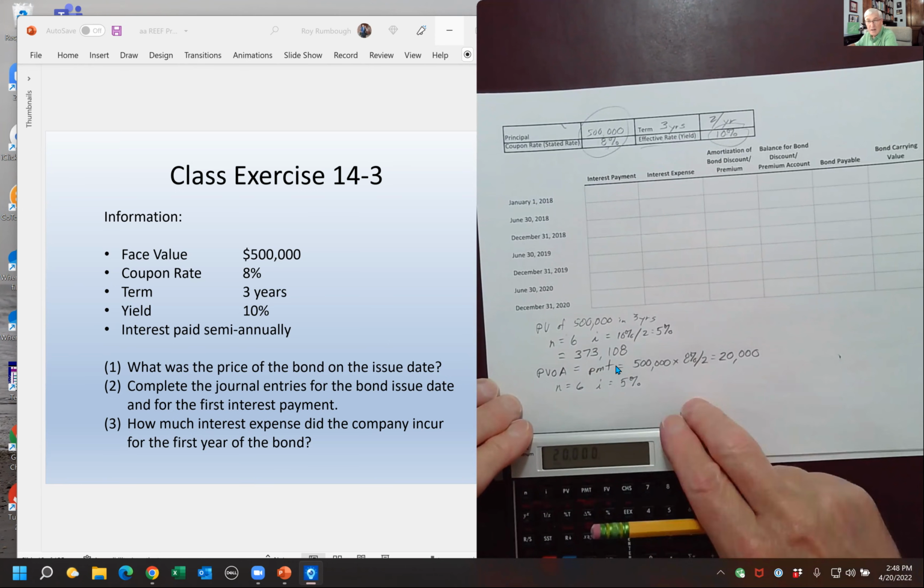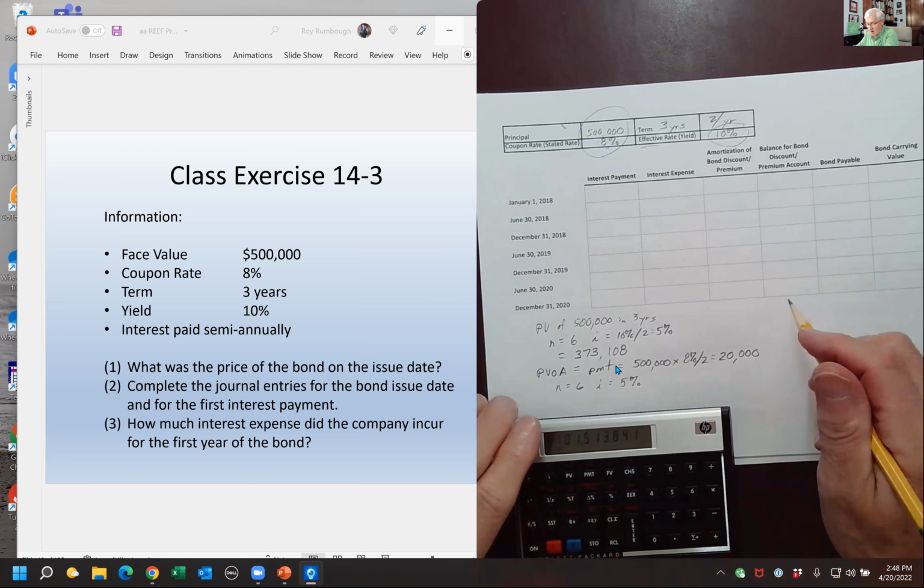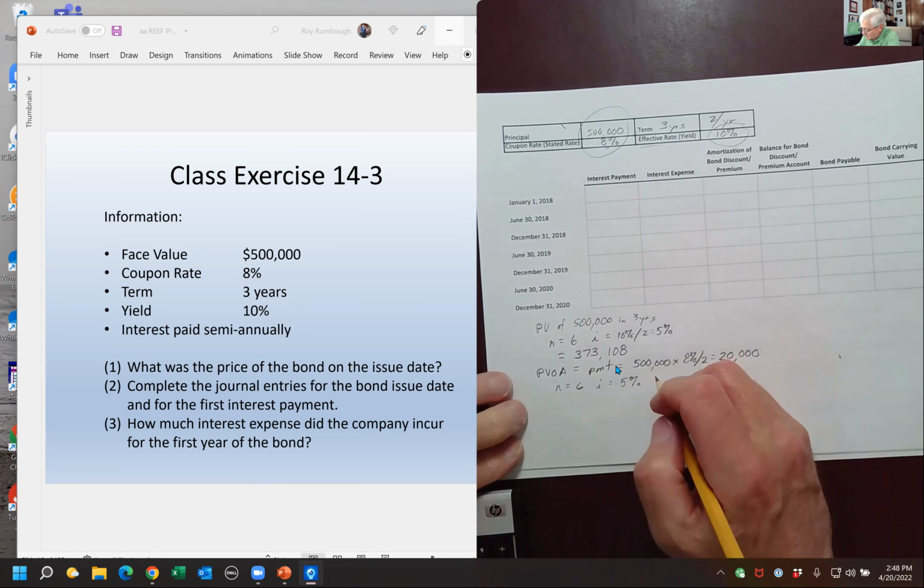20,000 is the payment. There's no future value. We're trying to calculate the present value. N equals 6, I equals 5%, present value 101,114.